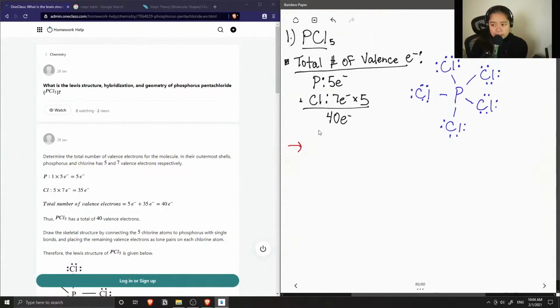Okay, so if we look at our central phosphorus atom, we'll see that there are 0 lone pairs, and it is bonded to 5 atoms. So we can say 5 bonded atoms.